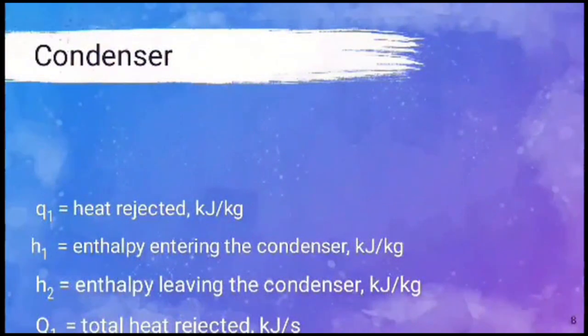After the compressor, where the work happens at this stage, the high pressure vapor coming out from the compressor will enter the condenser. The condenser is where the heat rejection process occurs. Inside the condenser there are coil tubes.